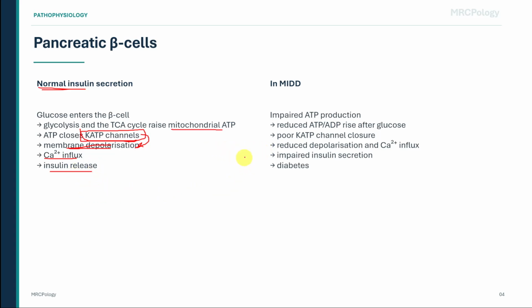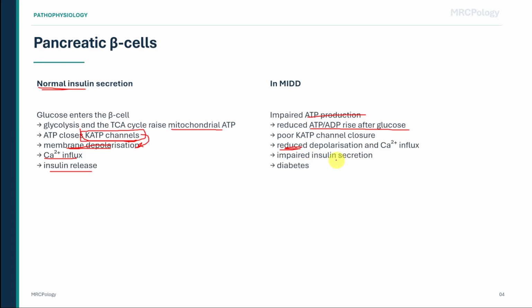In MIDD, the mitochondrial mutation disrupts the sequence at the ATP generating stage. Glucose enters the beta cell, but mitochondrial ATP production does not rise adequately. The ATP to ADP ratio therefore increases less than it should. The KATP channels do not close effectively. Membrane depolarization is reduced, calcium influx is impaired, and less insulin is released.